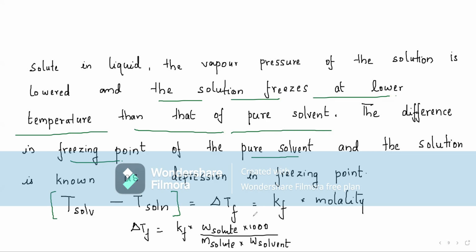The final expression: delta TF is KF into molality. Here I substituted for molality just like the previous case, so I'm not explaining this. KF into weight of solute into 1000 by molecular weight of solute into weight of solvent. That was just the equivalent for molality.